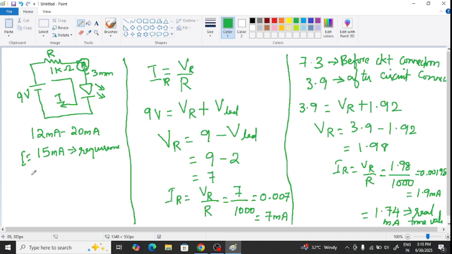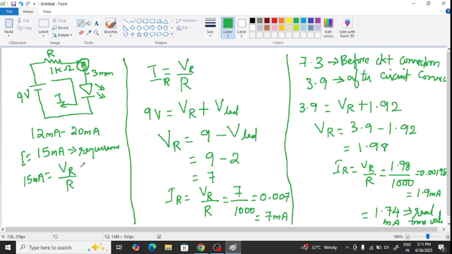So you can directly substitute in this formula: I is equal to VR by R. So 15 milliamps is equal to VR divided by R. R we don't know, because by changing R only we are going to vary the current flowing through this LED. Always remember guys, by changing the resistance value we are going to change the current flowing through this LED.